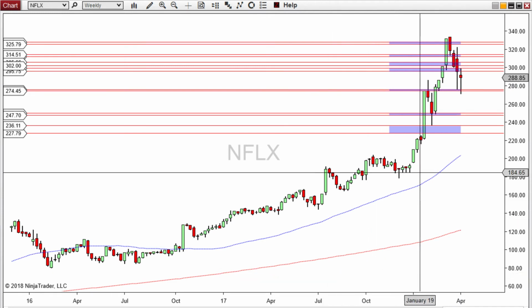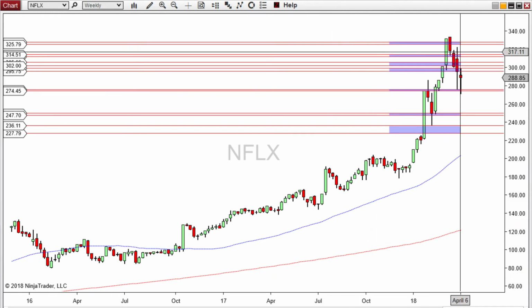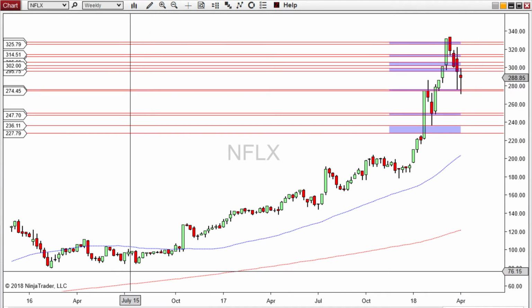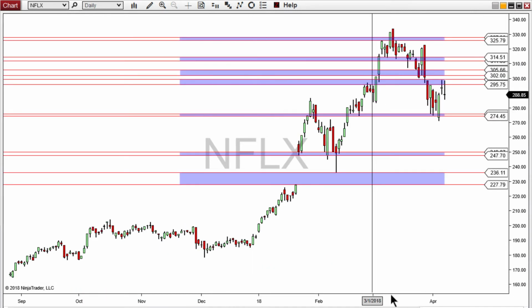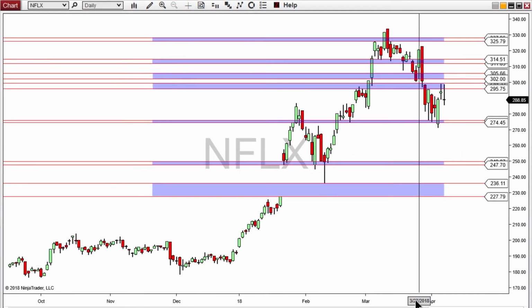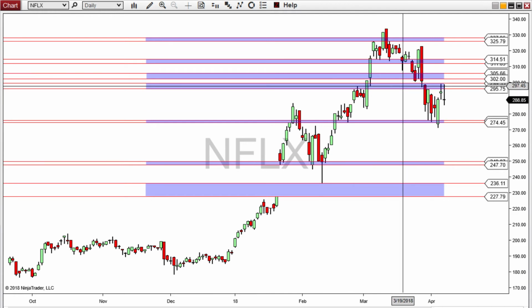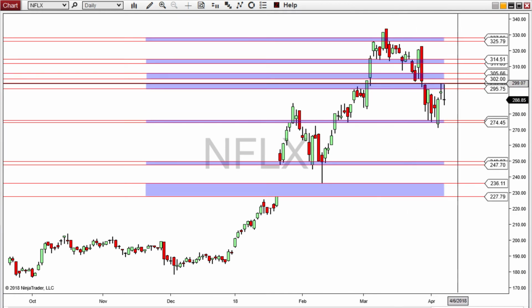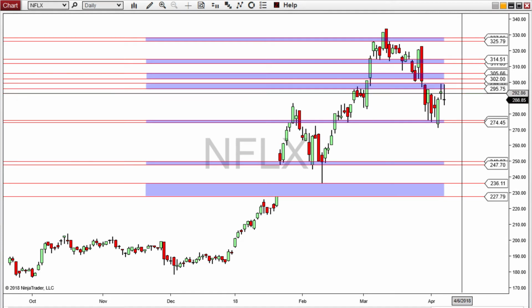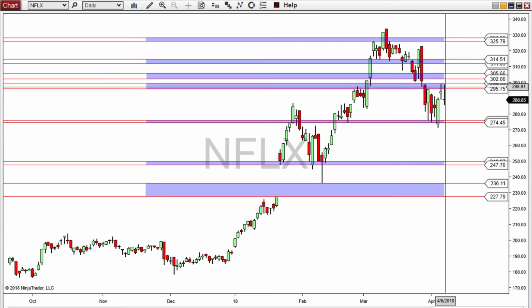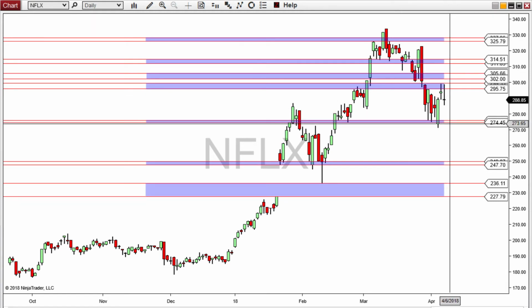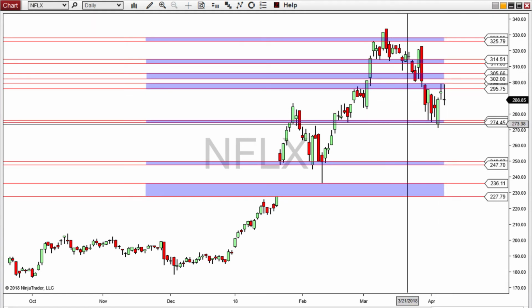Okay, and you see the volatility. You look at the price range, the weekly range is also expanding, so there's a lot of jitteriness and nervousness in this stock. See, it's trying to get back into this zone, this 299 area, but again failed to push above, and basically I'm looking for this thing to come back down to this 274 here.